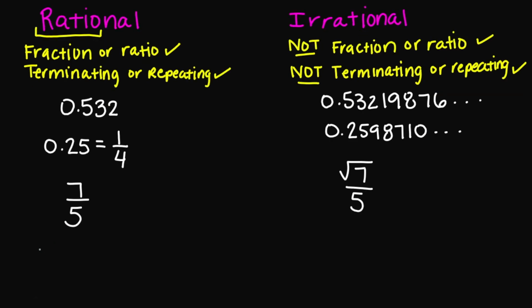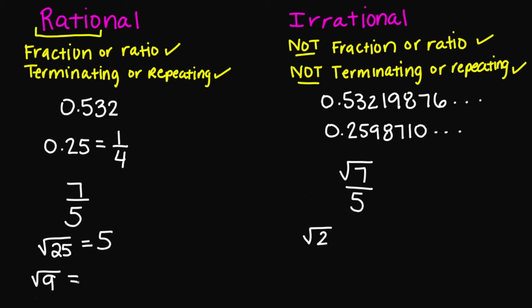Okay, what if you had the square root of 25? The square root of 25 is rational because the square root of 25 is a perfect square, which equals 5. The square root of 2 is irrational because the square root of 2 cannot be written as a fraction or a ratio. What about the square root of 9?